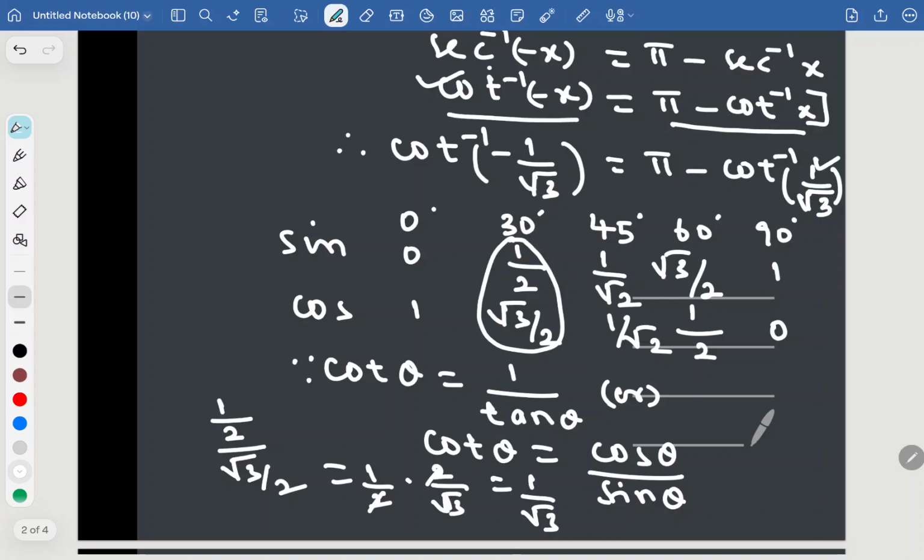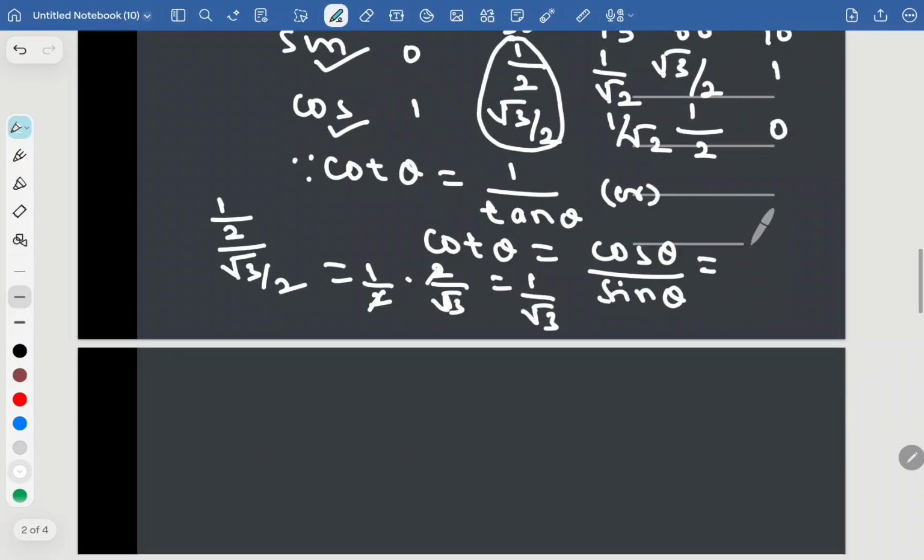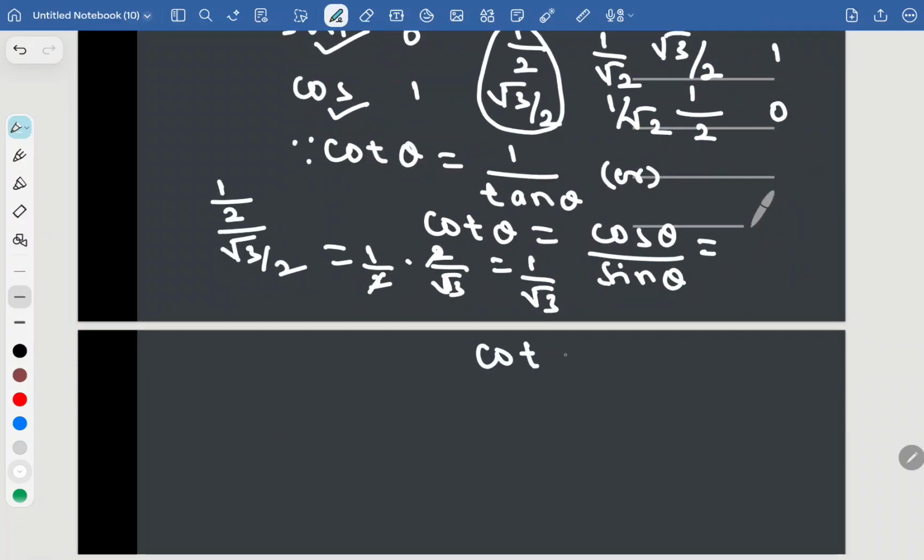Our problem is also 1 by root 3. Therefore, cos 30 by sin 30 is equal to cot 30.